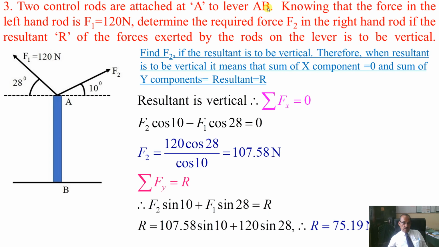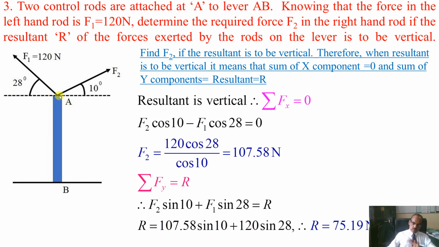To lever AB, and knowing that the force in the left rod F1 is 120 Newton, determine the required force F2 we have to calculate in the right hand rod if the resultant R of the forces exerted by the rod on the lever is vertical.